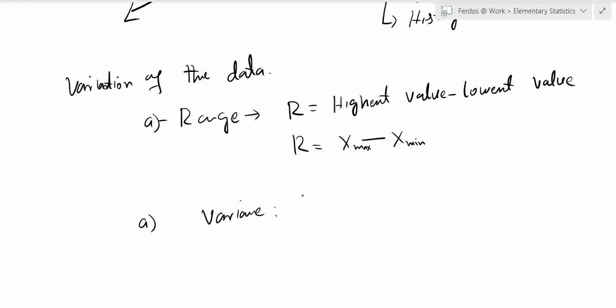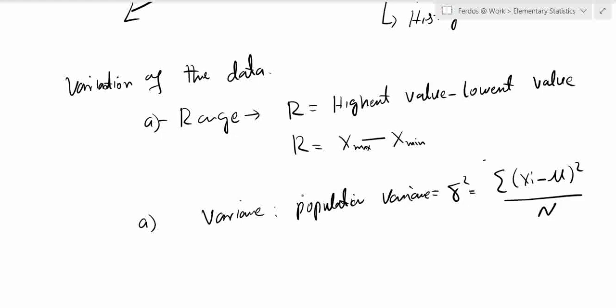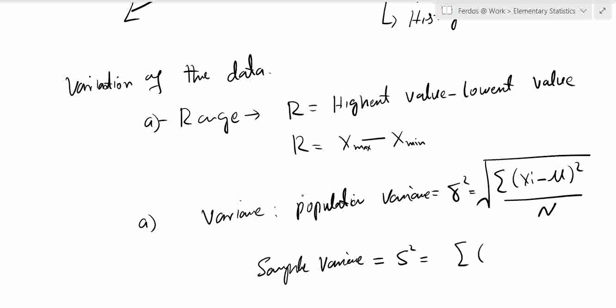If you talk about population variance, this is equal to sigma square, summation xi minus mu whole square divided by n, where x is the data, mu is the mean of that data, and n is the population size. Sample variance is equal to s square, summation xi minus x bar whole square divided by n minus 1.